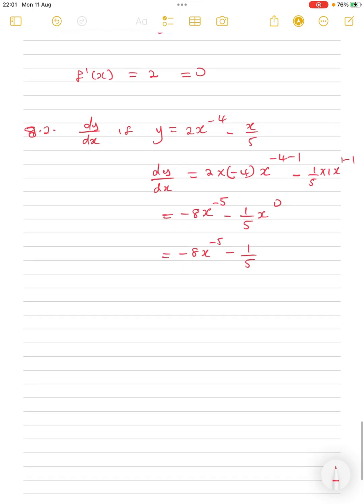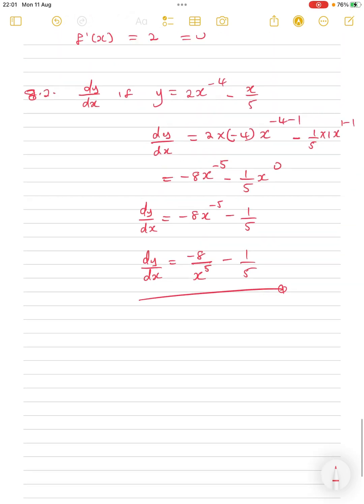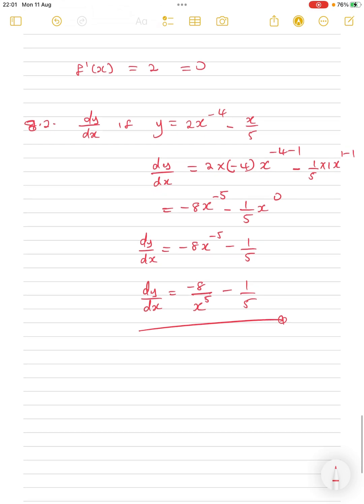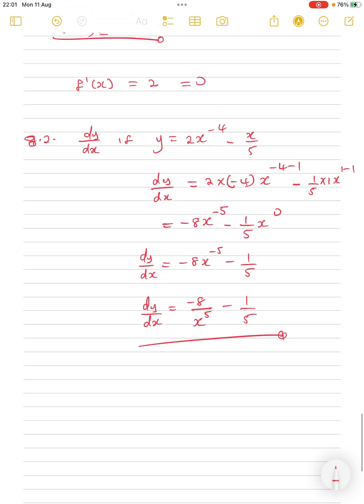But I advise that you don't leave your exponent as negative. You can leave this as minus 8 over x to the power of 5 minus 1 over 5. So that's how you can use the rules of differentiation to solve this.